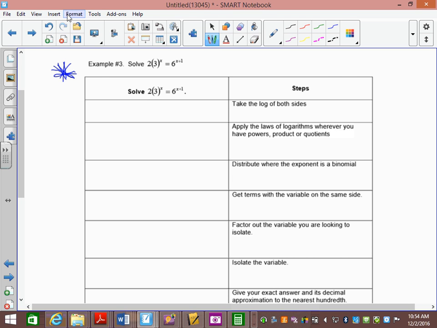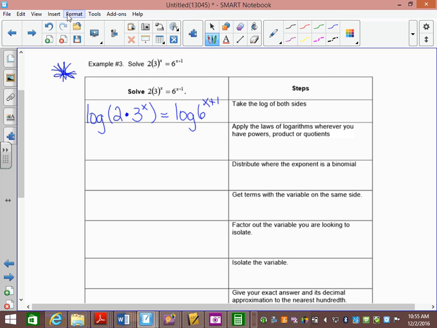So what we do is we log both sides. So we're going to log 2 times 3 to the x equals log 6 to the x plus 1.